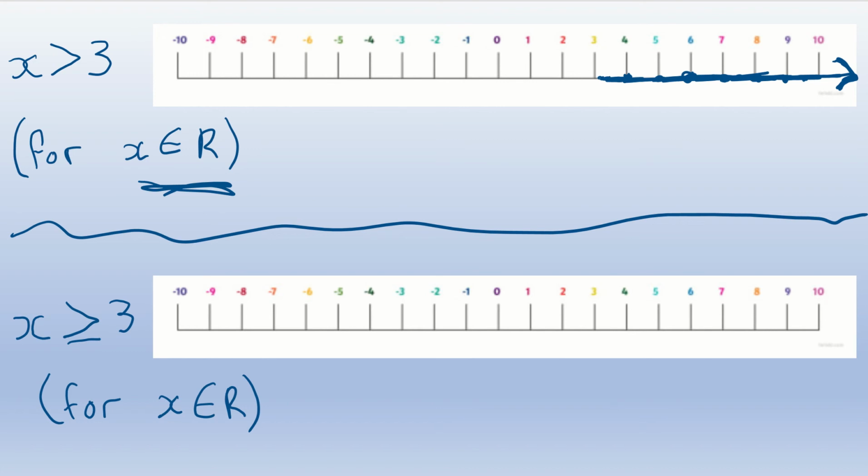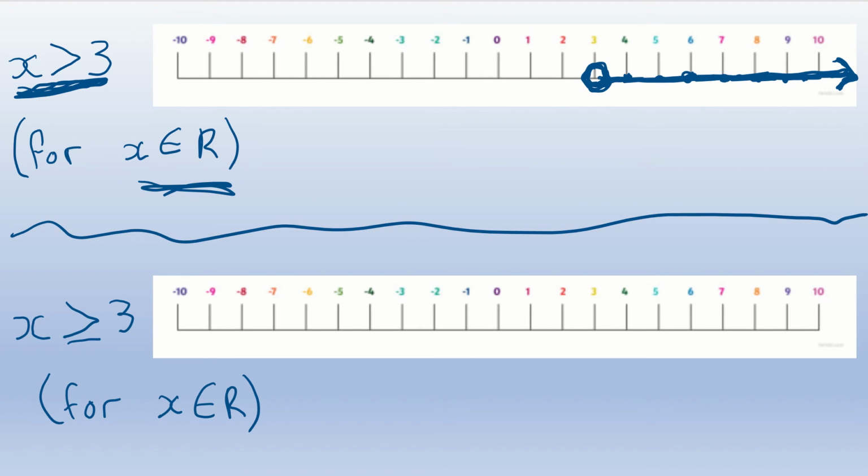So to save you that hassle, the way we symbolize that is by drawing a circle around 3. Now, seeing as x is greater than 3, it's all the numbers that are bigger than 3, but it's not actually 3 itself. We are going to leave that circle as an empty circle. So we're not going to color it in the middle. And that represents that this line is all the real numbers that are greater than 3, but we're not including 3 itself.